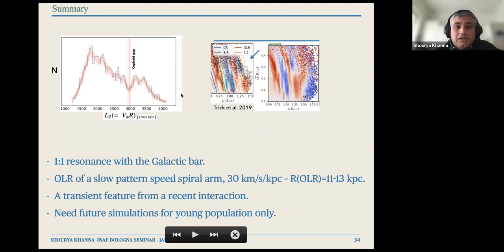Is it necessarily because of the galactic bar, or could it also be a result of some resonance with the spiral arms? That is another possibility, and maybe more simulations might shed some light on that. But either way, the outer disk is quite an interesting place, and now we're able to find many more detailed substructure in that. So I think I'll stop there.